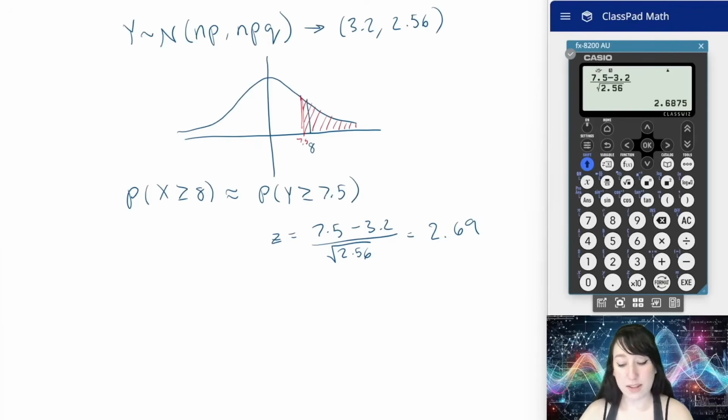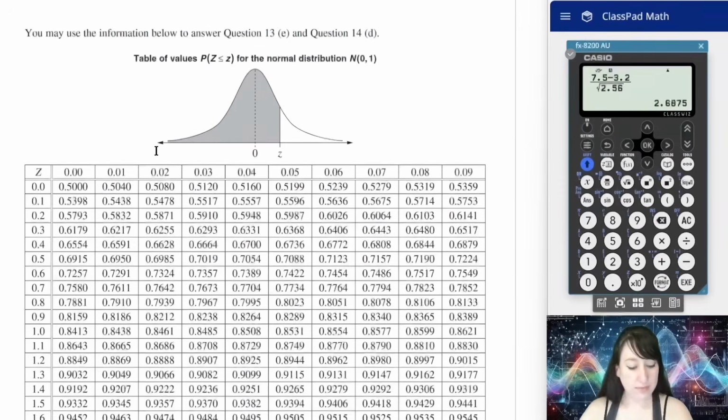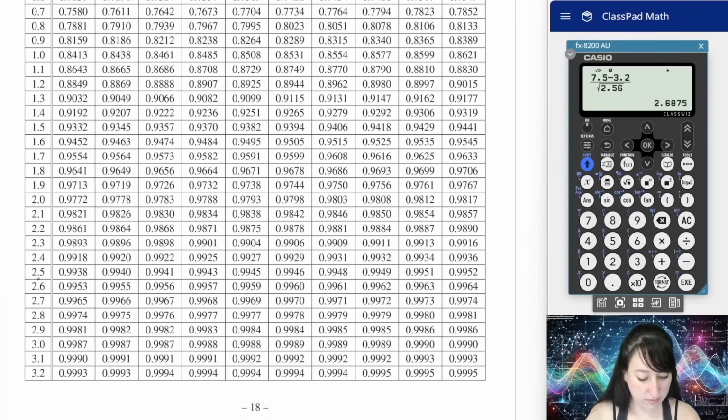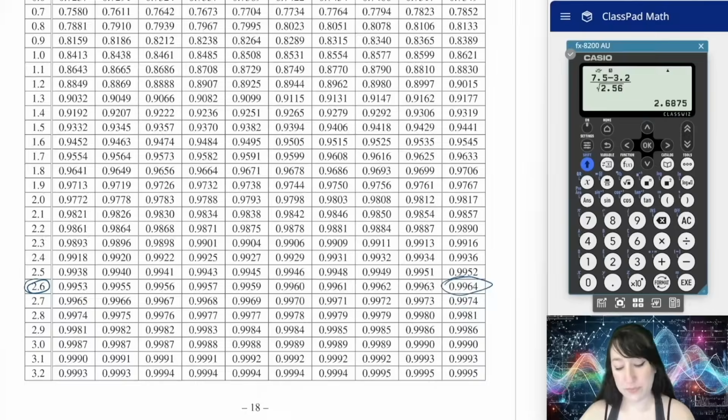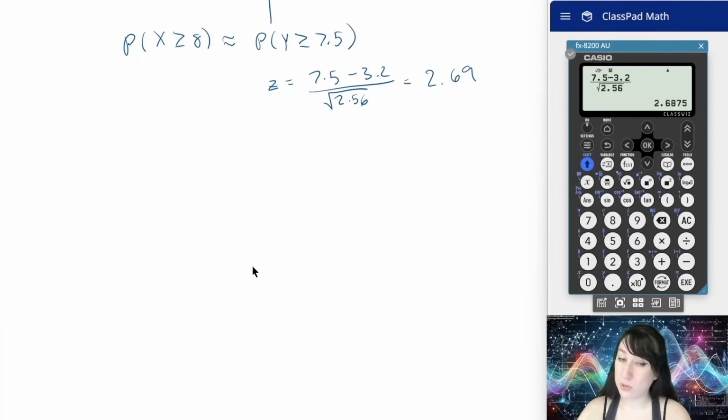Z tables typically go to 2 decimal places. So let's find 2.69 in the Z table provided. All right, we'll scroll down to the 2.6 row. And 2.69, the 0.09 is the last column there. So we're looking at 0.9964.